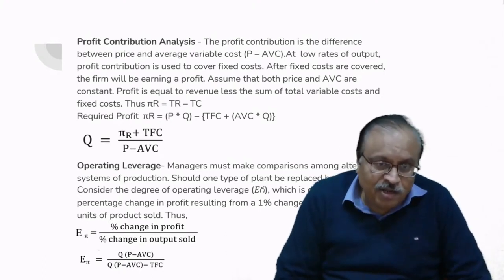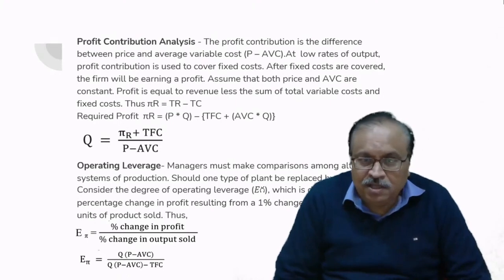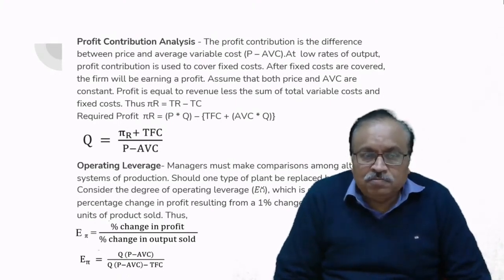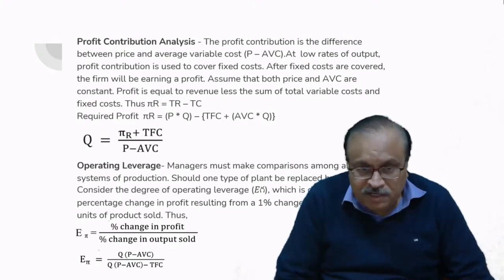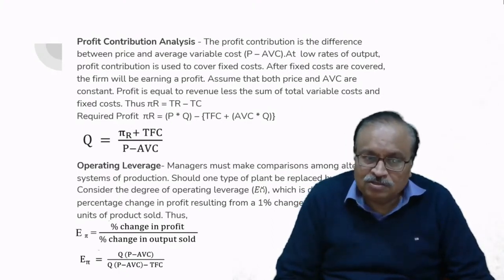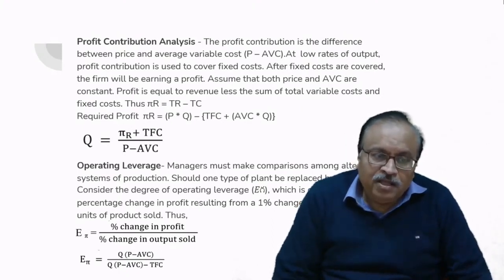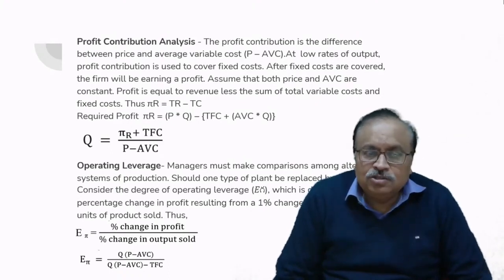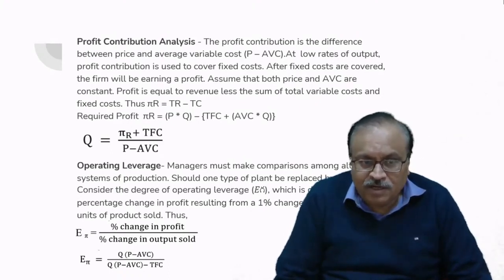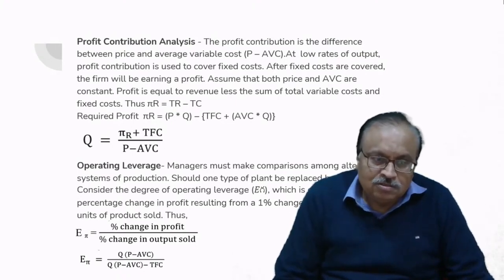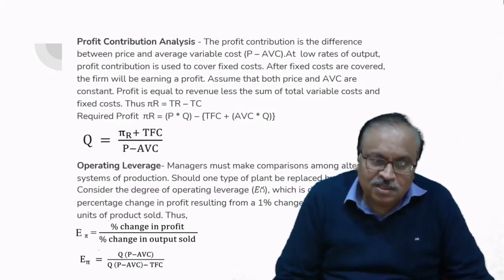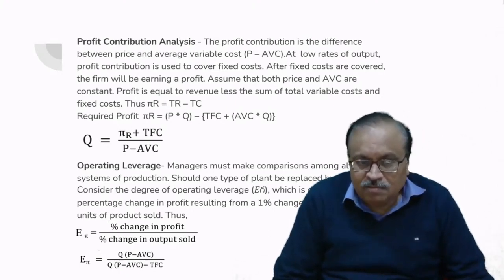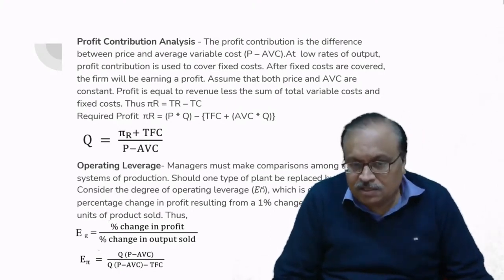Consider the degree of operating leverage as E, which is defined as the percentage change in profit resulting from a 1% change in the number of units sold. Thus, E π is equal to the percentage change in profit divided by the percentage change in output sold. This is Q(P minus AVC) divided by Q(P minus AVC) minus TFC.